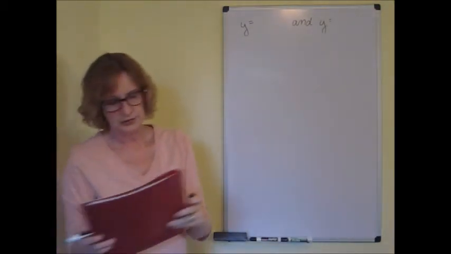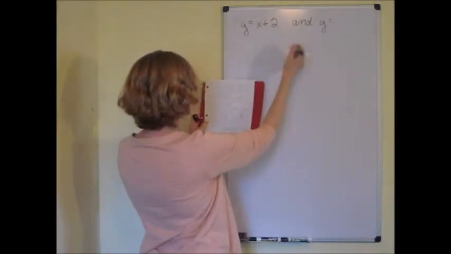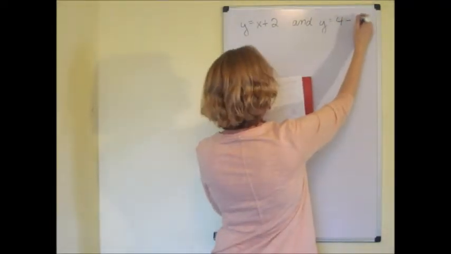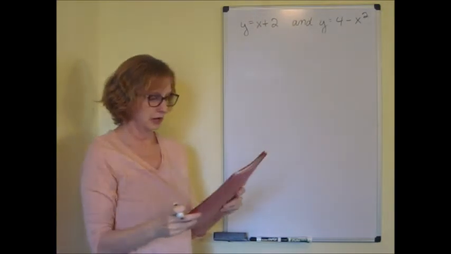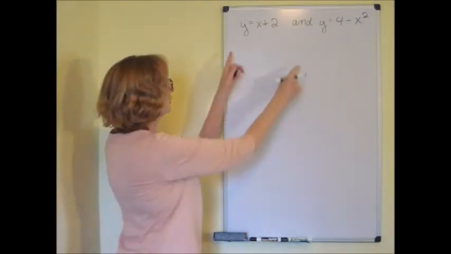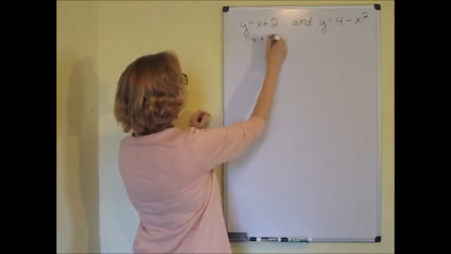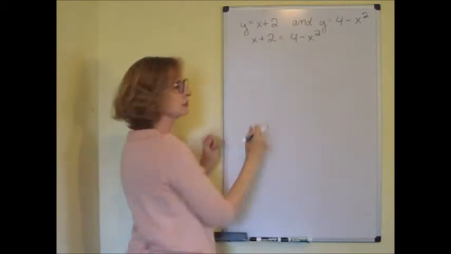Here's y equals x plus 2 and y equals 4 minus x squared. Again, our first step, if we're going to find that area, is let's find out where these two intersect. So set those y's equal to each other. So I've got x plus 2 equals 4 minus x squared, and then solve for x.